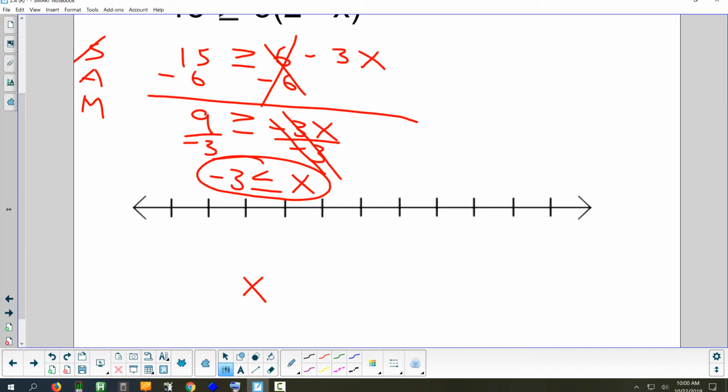Put the variable over here, put the negative 3 over here. But when you fix it, you've got to remember it was pointing at the negative 3. It's still pointing at the negative 3. So the reason I flipped it here is just to get the x back on the side that I like. But we also had to flip it earlier because we divided by a negative. So two different things happening there.